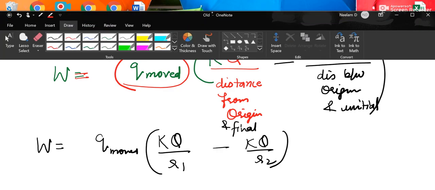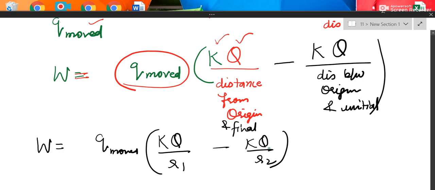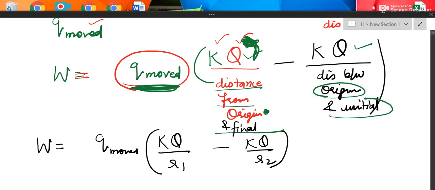Distance of capital Q, who is exerting the potential. There are two charges in the question. One is Q moved, which will come here, and here will come the charge which has been placed at the origin. So you write here Q, write here Q. Here will come the distance from origin to the final position, and here it is the distance between origin and the initial position.